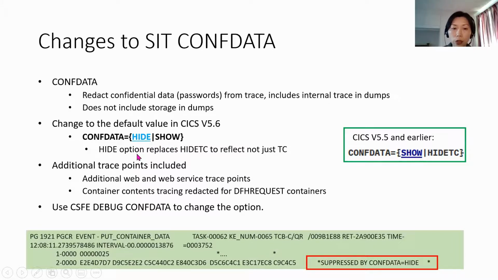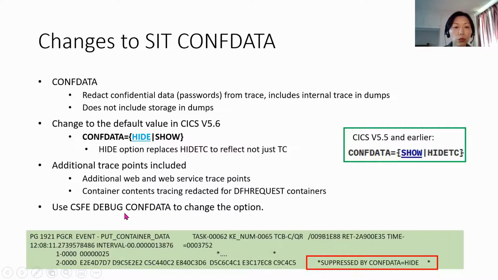And we use the hide option to replace hide TC because we have increased the trace points where CICS will redact the confidential data. So not only terminal control, but also web and web service trace points and container contents, etc.